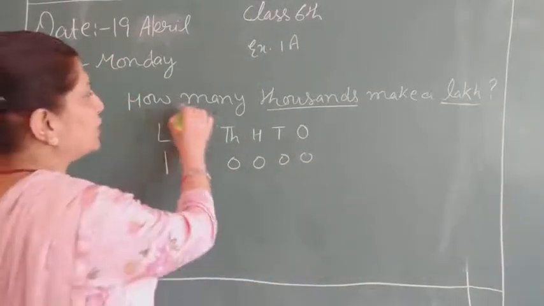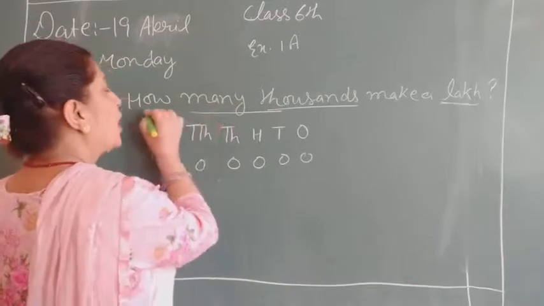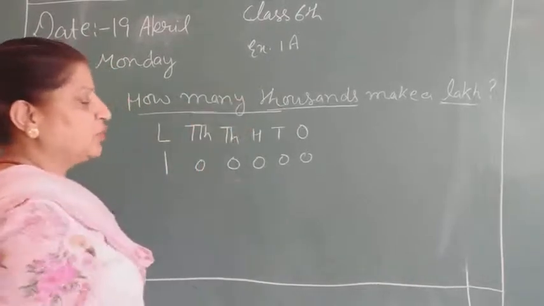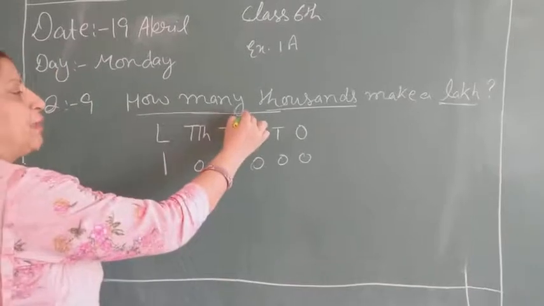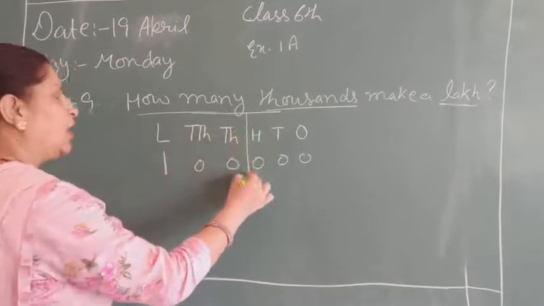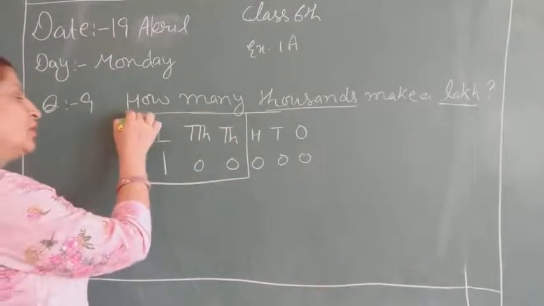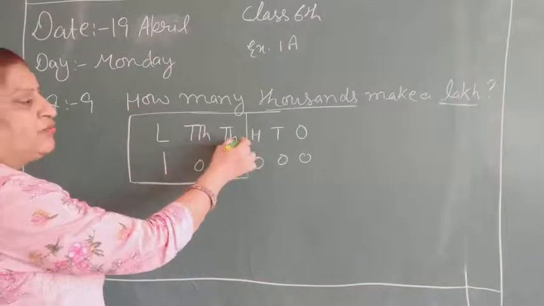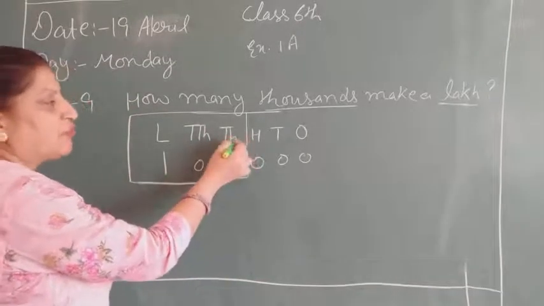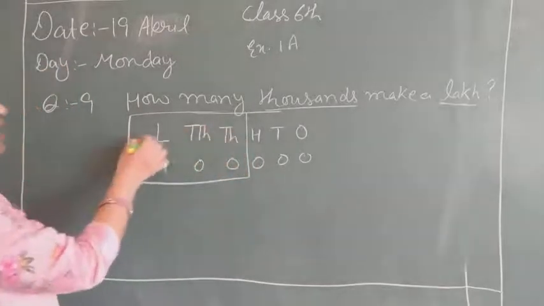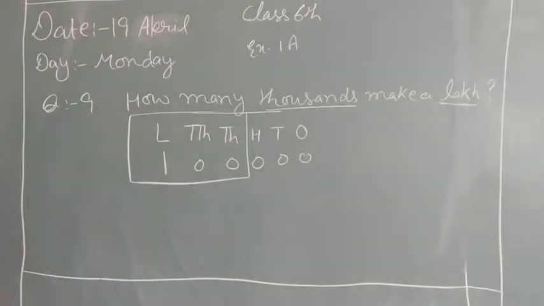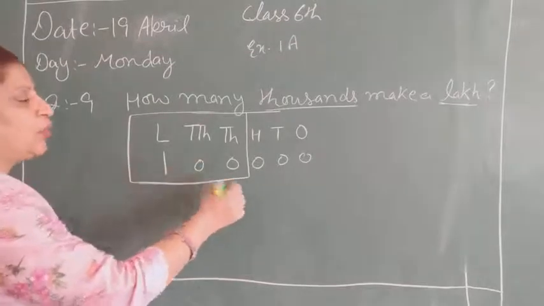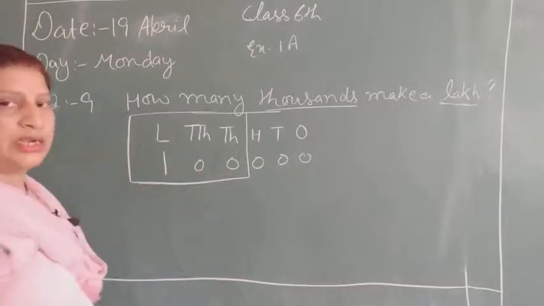Now we have to see how many thousands. So we make a box, and in the box we put all the places which start from 1000 and go up to the lakh.